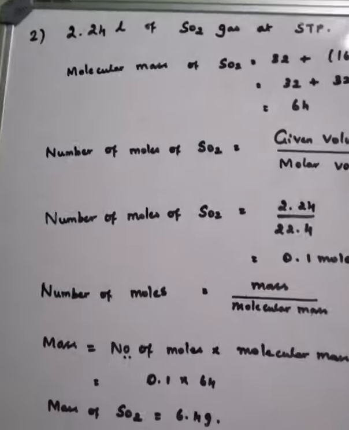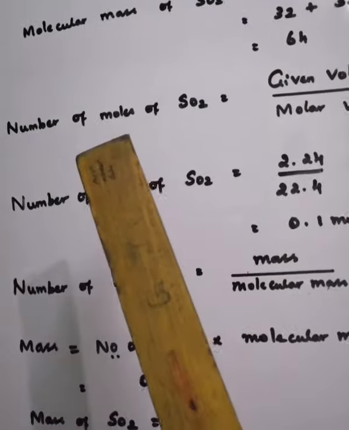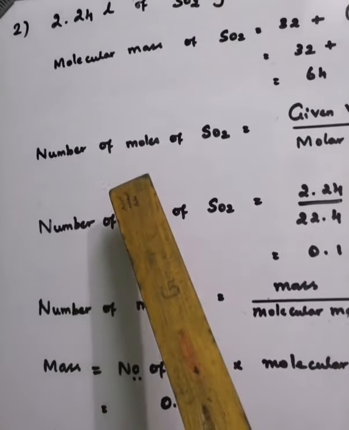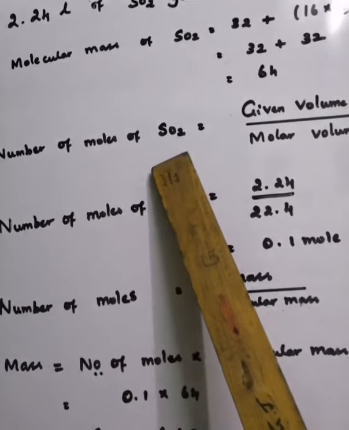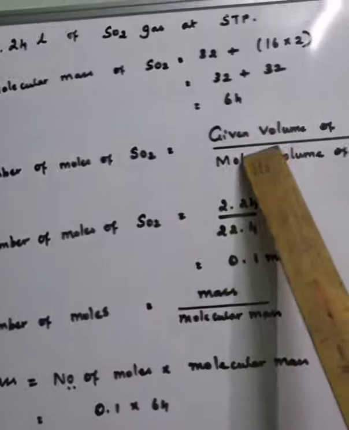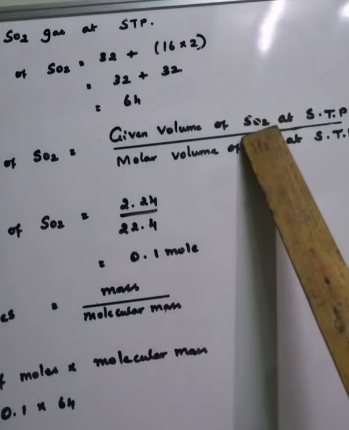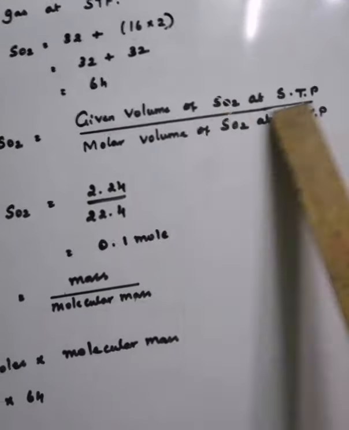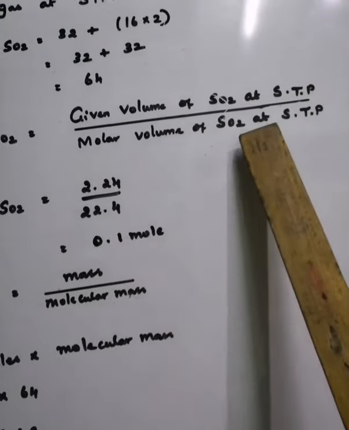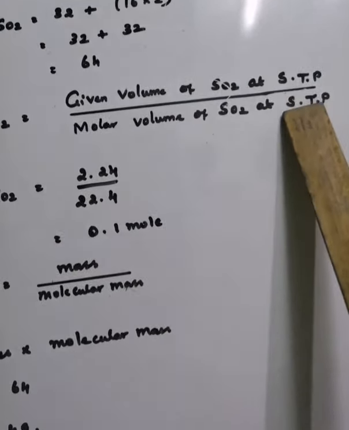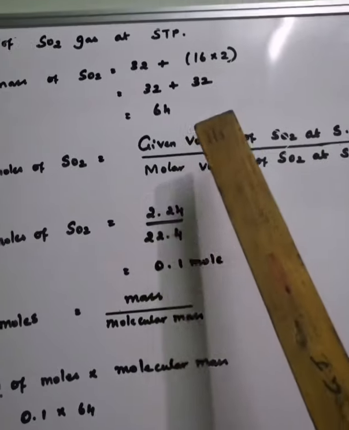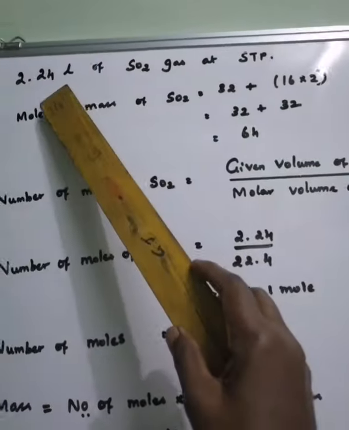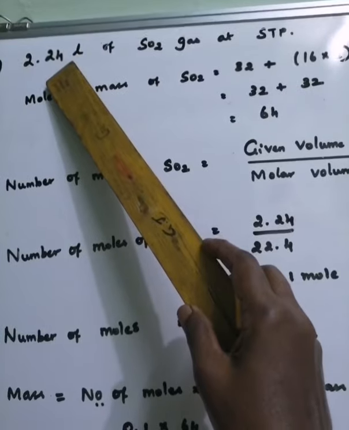Second step. Now, you are going to find out the number of moles. Number of moles of sulfur dioxide is given volume of the gas at STP divided by molar volume at STP. Given volume is 2.24 liters.